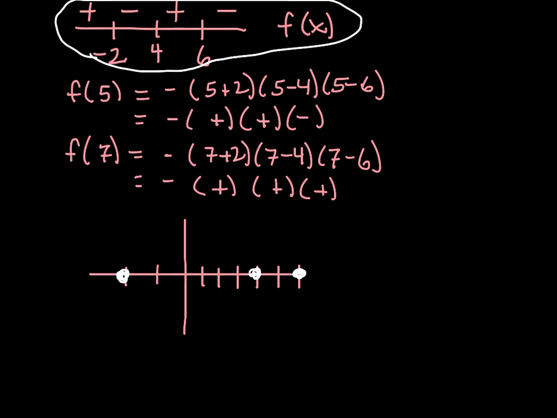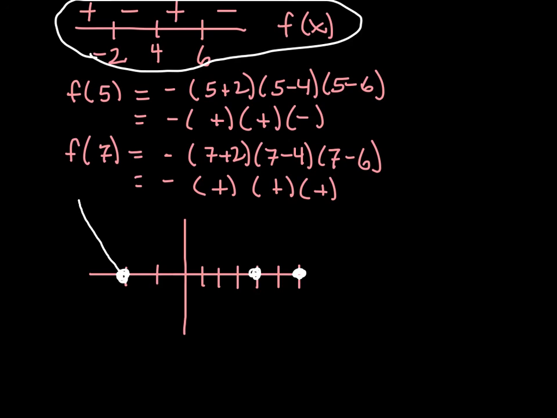Alrighty, so let's look at the first sign on the sign chart. To the left of -2, notice that my graph is going to be above the x-axis because that sign is positive. So I'm going to go down here, and before -2, it's going to look like that.